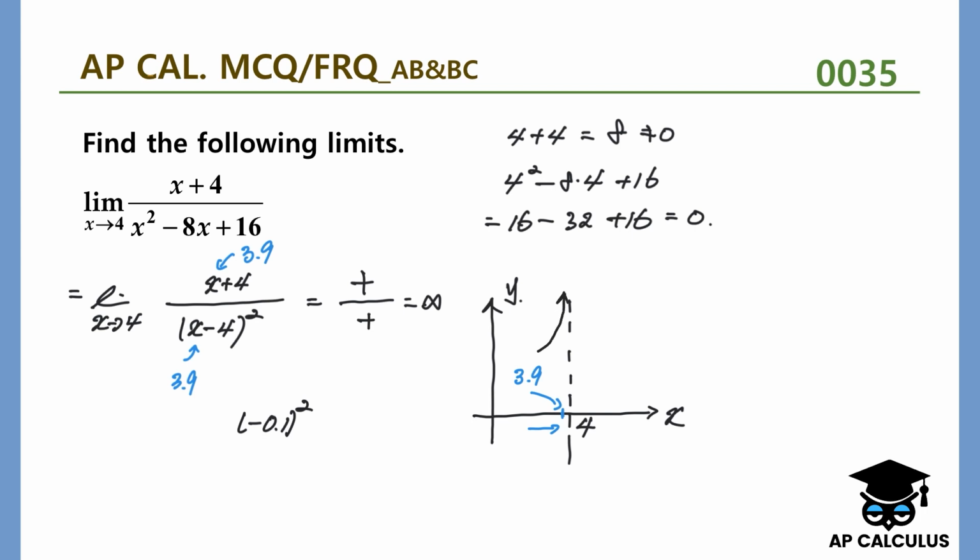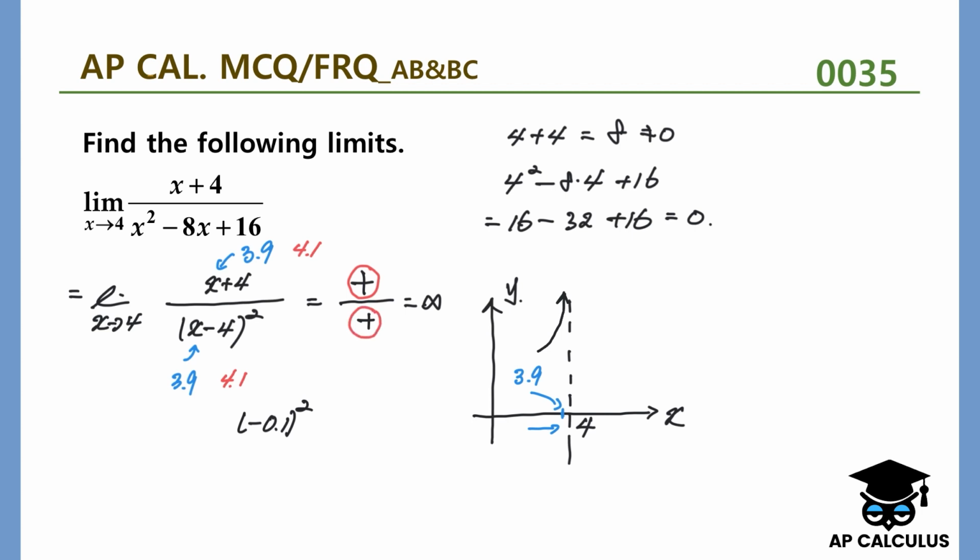So it approaches positive infinity like that, right? What about from right hand side? Let's substitute a value a little greater than 4, so 4.1 for x. 4.1 plus 4 is also positive. 4.1 minus 4 is 0.1, and 0.1 squared is also positive.